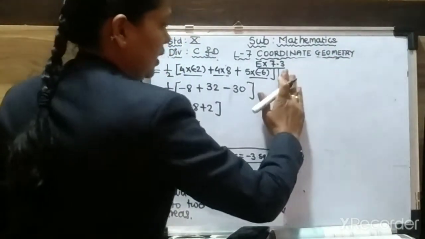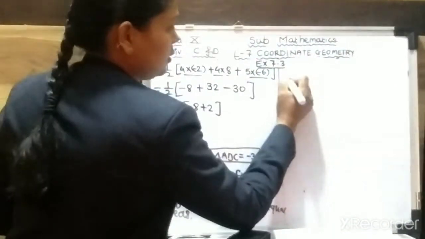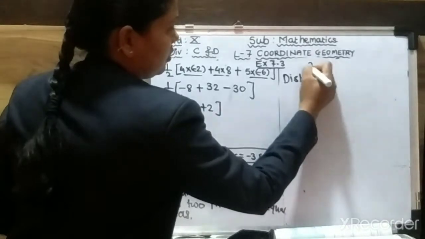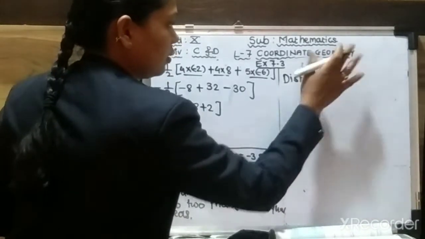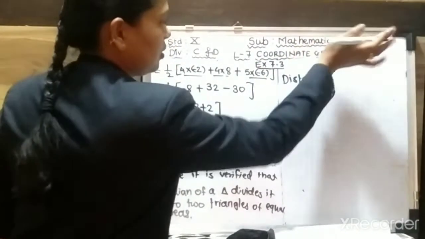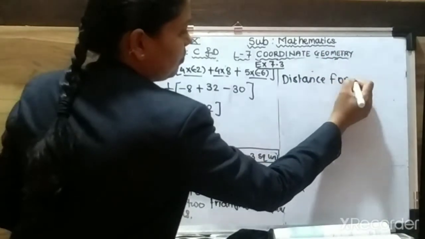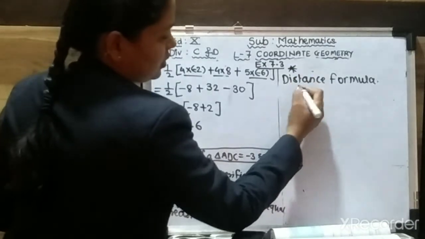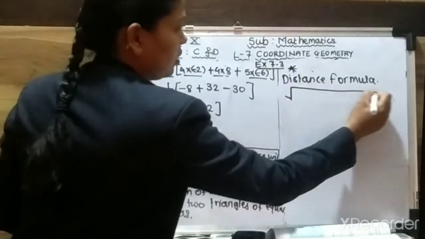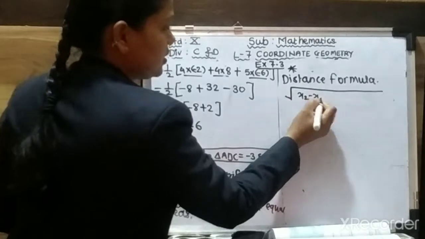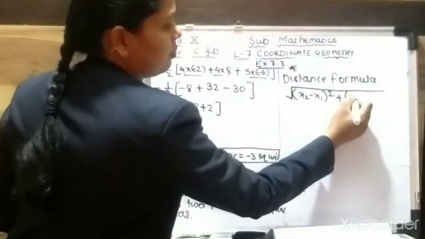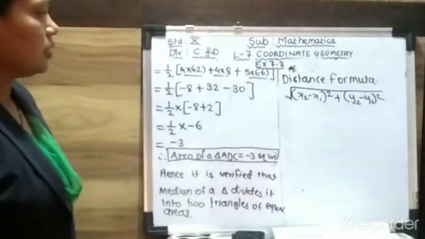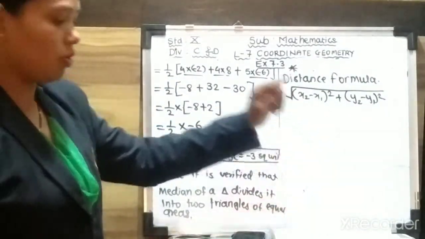Without those formulas we are not able to solve the sums. So very first, recapitulation or revision: the distance formula. Under root (x2 minus x1) bracket square plus (y2 minus y1) bracket square, right? This formula we have seen for the distance formula.